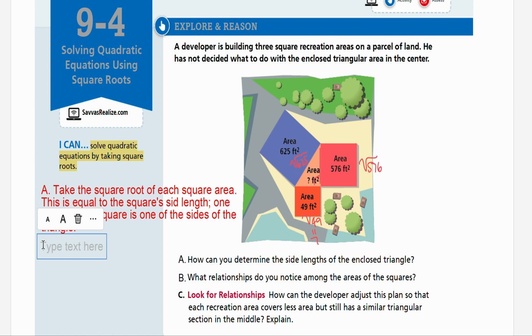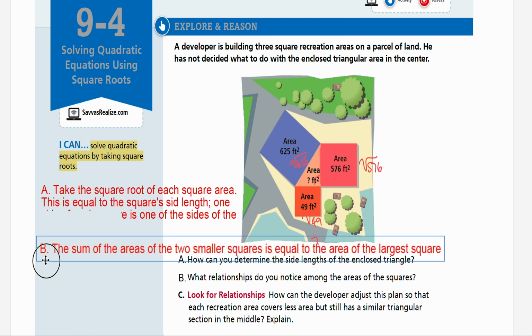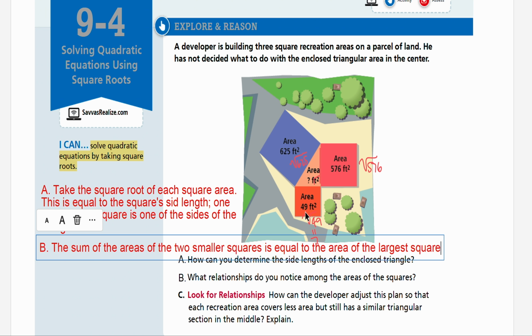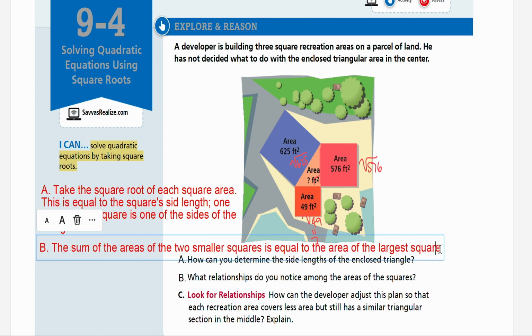So the sum of the areas of the two smaller squares is equal to the area of the largest square. Oh, this is another one, right? So 49 plus 576 is equal to 625. And this is, again, Pythagorean theorem.